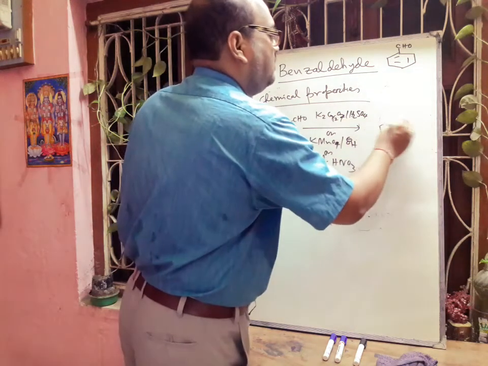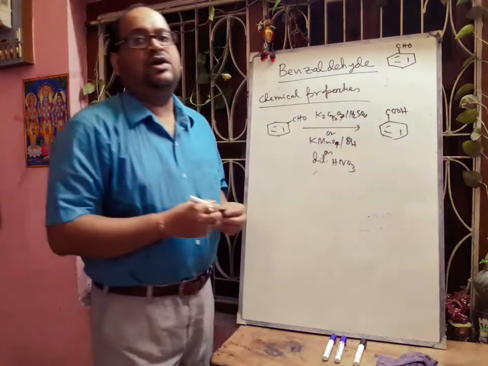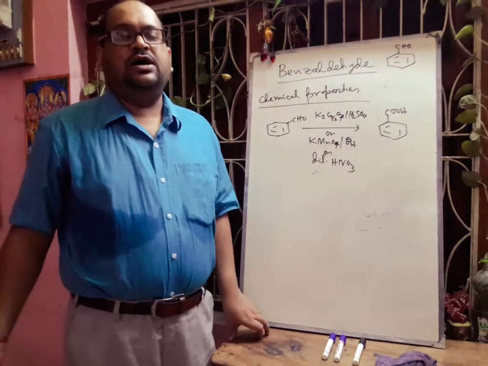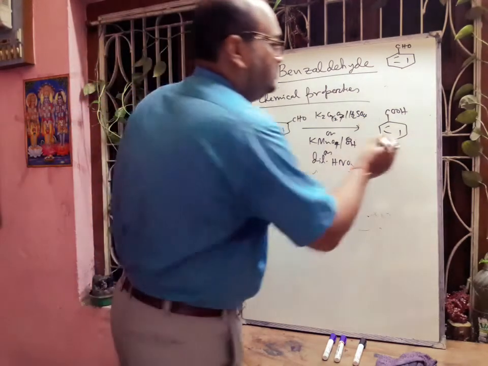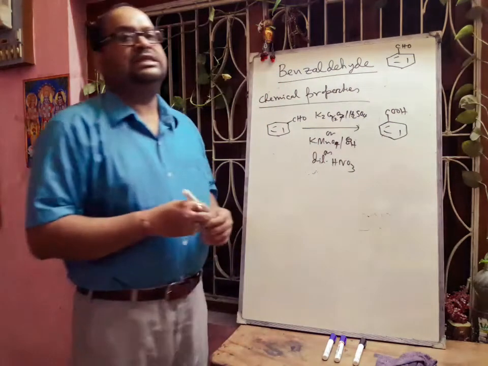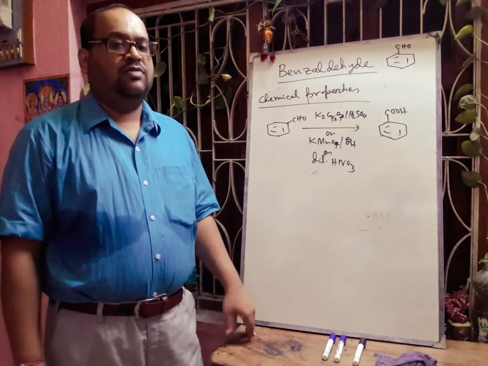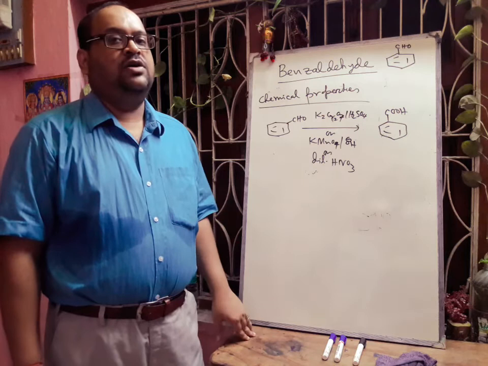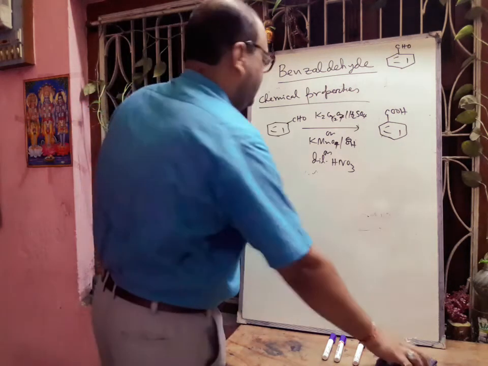Definitely there will be formation of benzoic acid. So aldehyde will be oxidized to the corresponding benzoic acid. We know that this benzoic acid is not soluble in cold water, but it is soluble in hot water. Understand? So you will get a white precipitate.